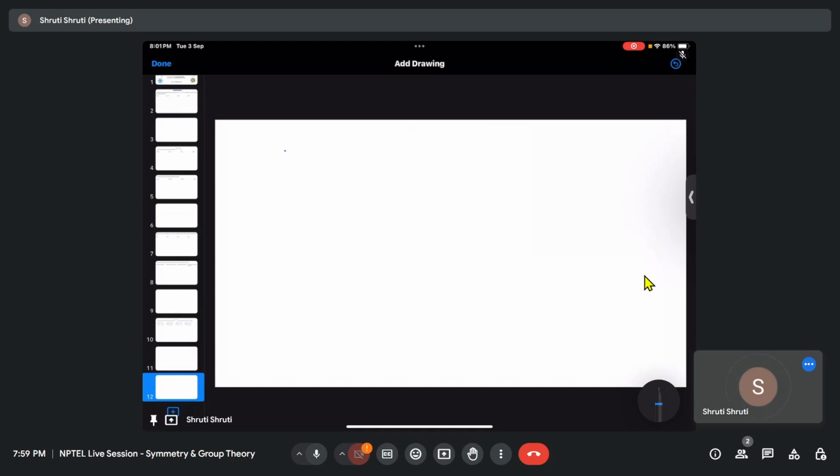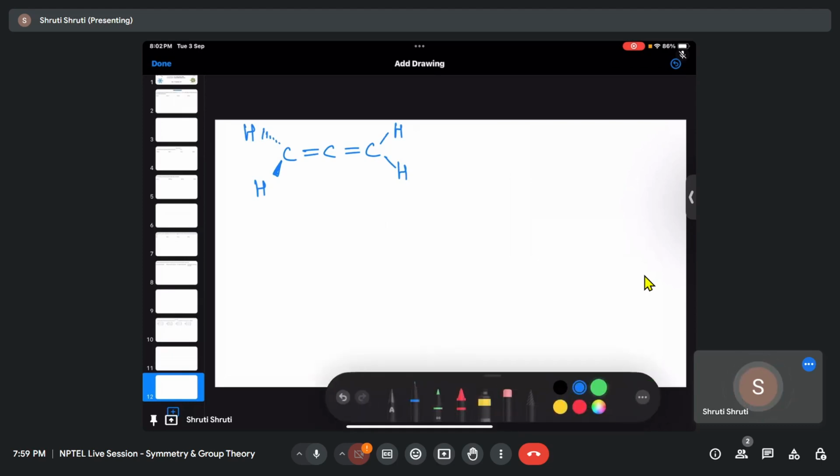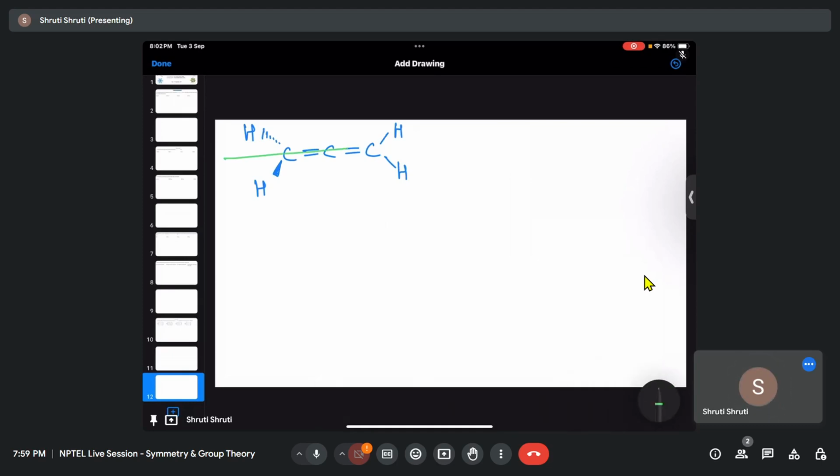Now next, again the principal axis will not change, passing through the maximum number of atoms, so C2, but we can definitely change the numbering. So let me write 1, 2, 3, 4.